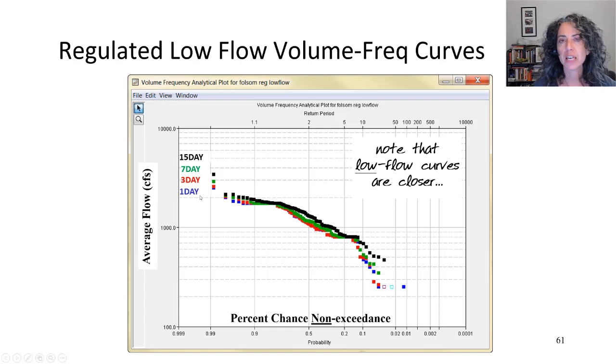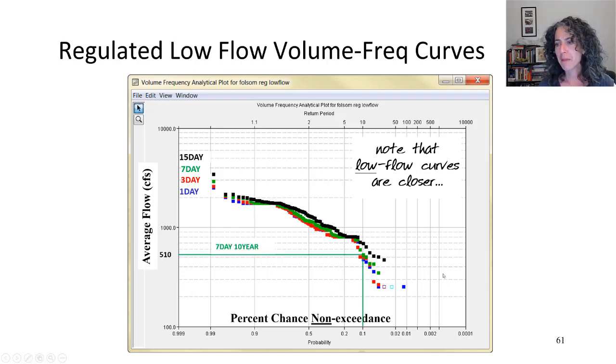Again, we have the shorter duration, the 1 day being the more extreme, which in this case is lower. Notice, though, that the values are a little bit closer together between the different durations. With a peaky high flow, when you average across durations, you're going to get bigger differences between the 1-day flow and the 3-day flow. With low flows, they tend to be dipping much more gradually, and so the averages across the longer durations don't change as much. So the curves end up closer together.